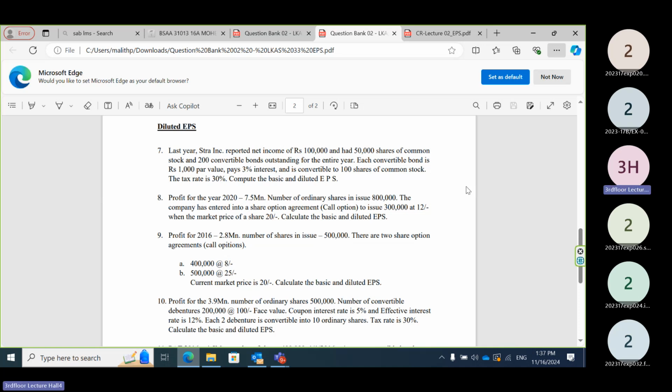We can issue normal shares, or we can issue a right issue, or else a bonus issue. Bonus shares. Right issue shares, bonus shares.